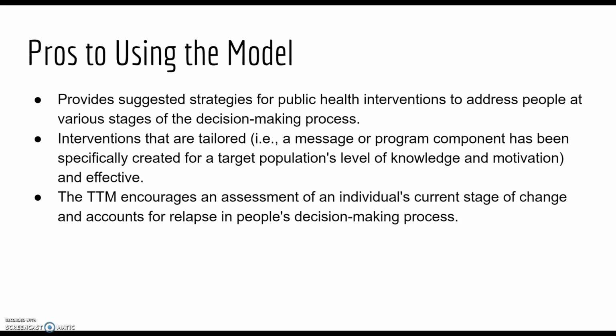Typically using this model, it's easy to design interventions that are tailored towards a specific target population. So just like, wow, these researchers really identified that these are the stages that an individual typically goes through when thinking about suicide. This model works perfectly for that specific target and that specific population of people.